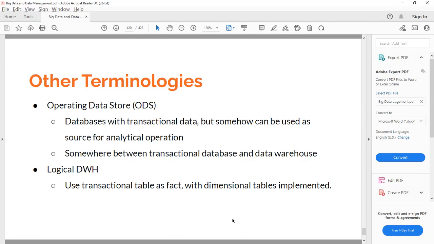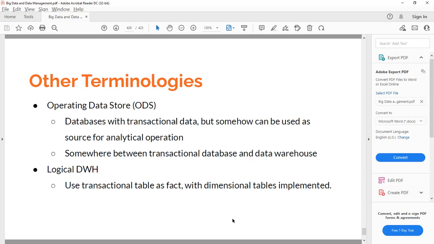So these kinds of things allow some performance hit. So instead of copying all the data out and dumping it into a data warehouse, some companies actually run their queries on top of the ODS.